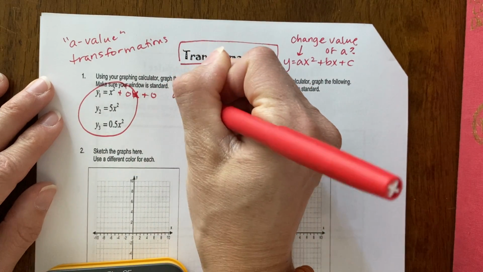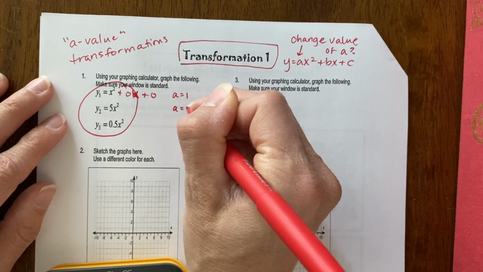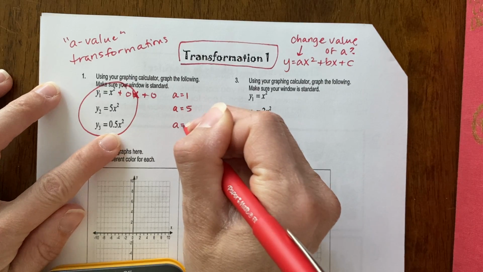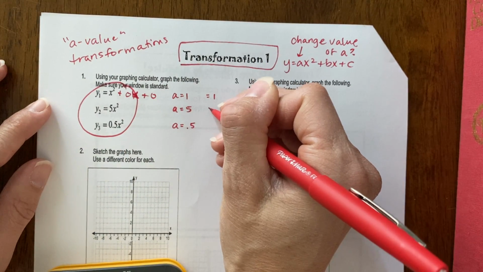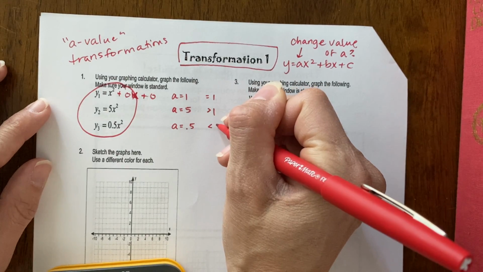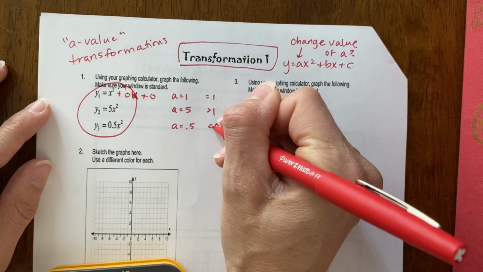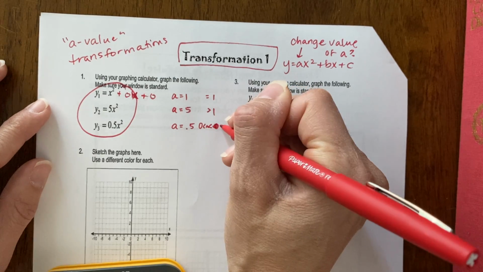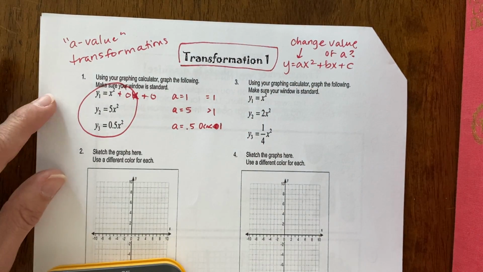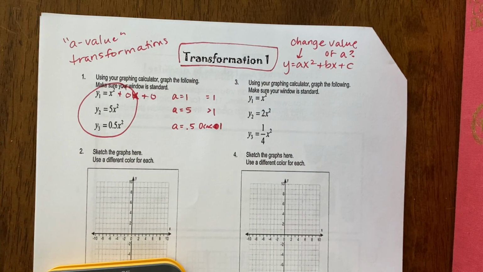So here a is 1. Here a is 5. And here a is 0.5. So this is 1. This is a number bigger than 1. This is a number between 0 and 1. So 0 is less than a is less than 1. Sorry, that's horrible to read. But I don't want to say less than 1 because then you'll think it's negative, but that's not true.